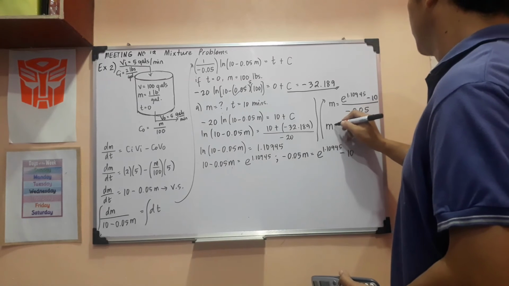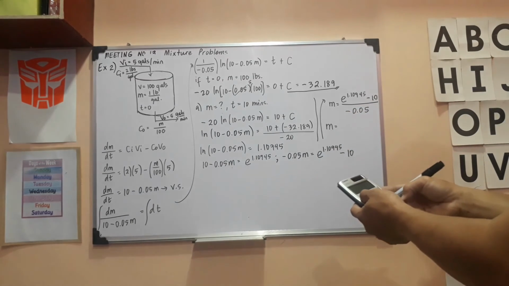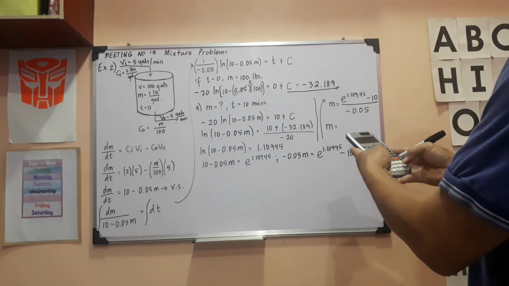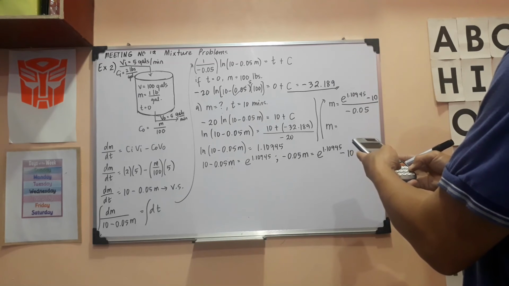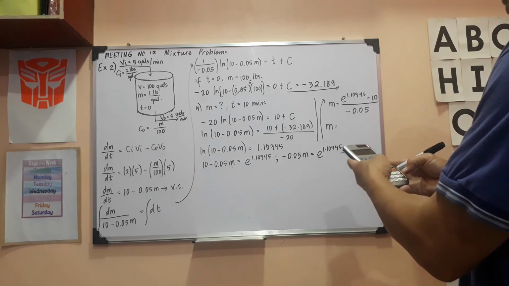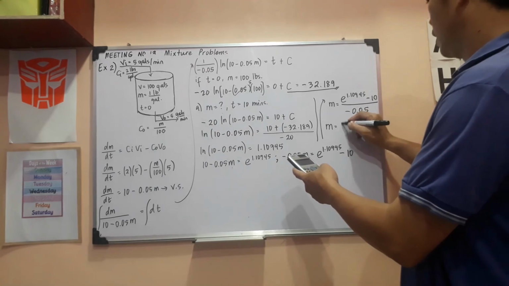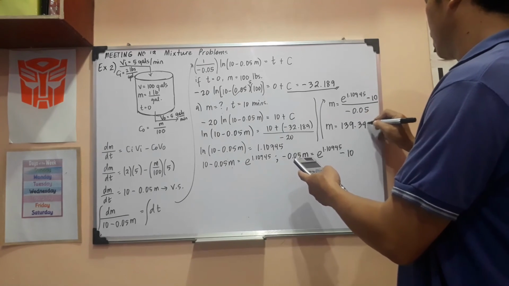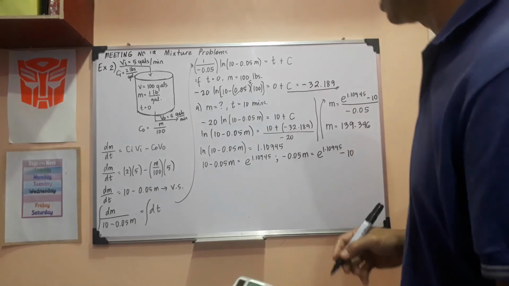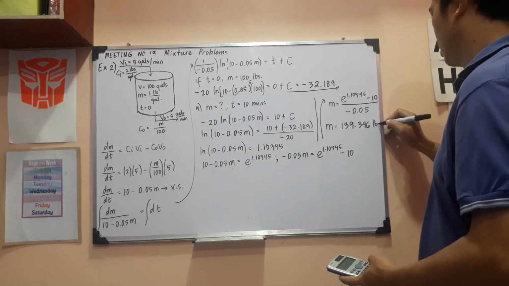So, M equals, ayan, pwede na yan. So, shift E, 1.10945 minus 10 divided by negative 0.05 equals 139.346. Ano unit? Mass is pounds.